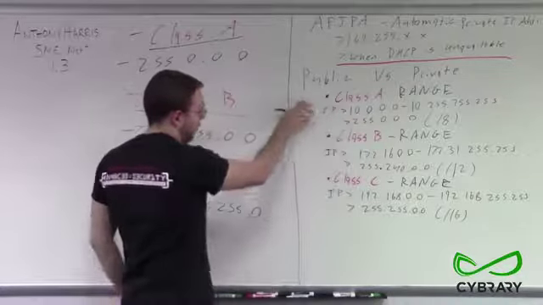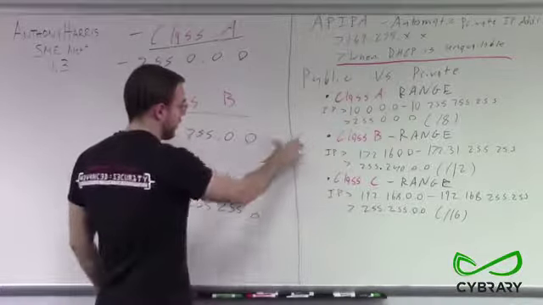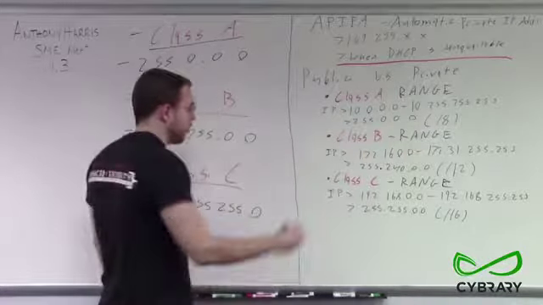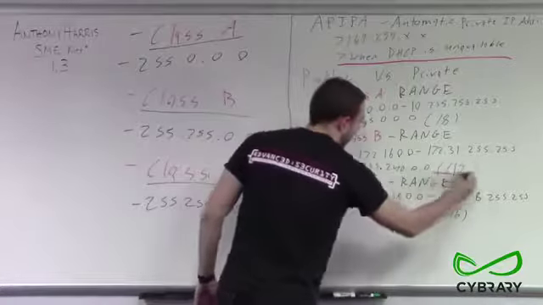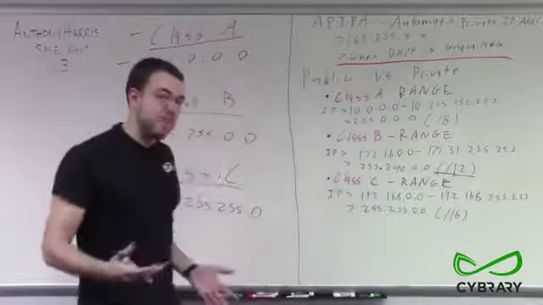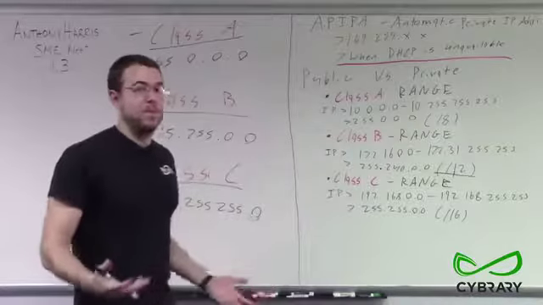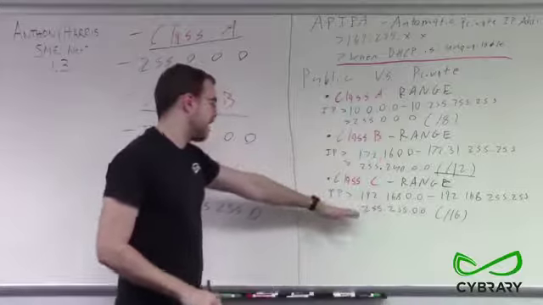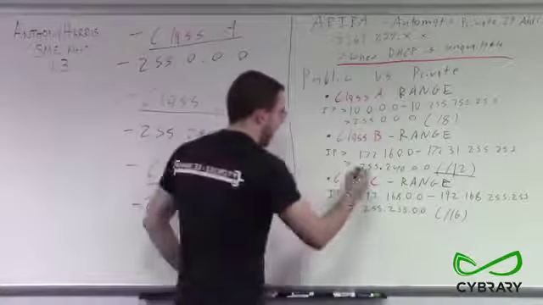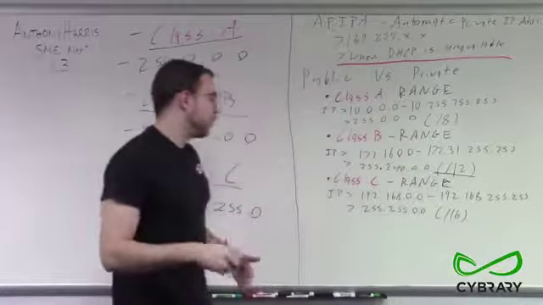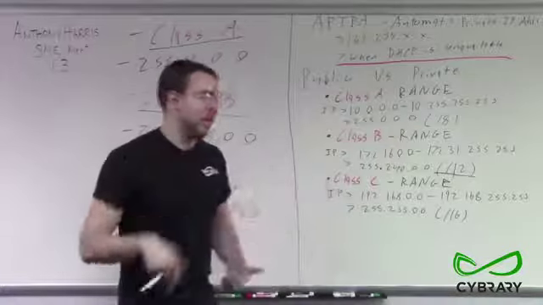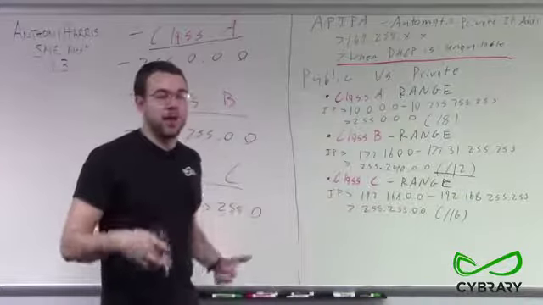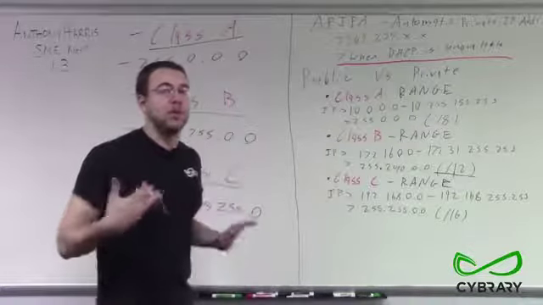Our Class A isn't too difficult, isn't very confusing, but don't get too confused by our Class B and Class C when you see this /12 referring to, and I know I've beat this up, and I know I'm just beating a dead horse now. Our Class B and Class C ranges, these masks that you see just refer to the bits in our IP address that we're using when we're stealing this range from our public range.